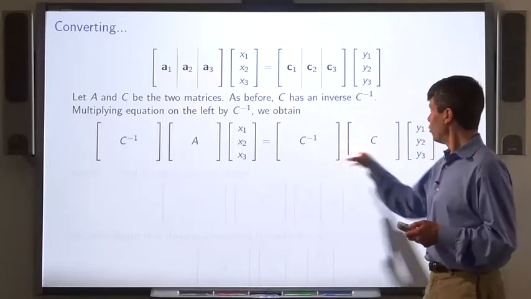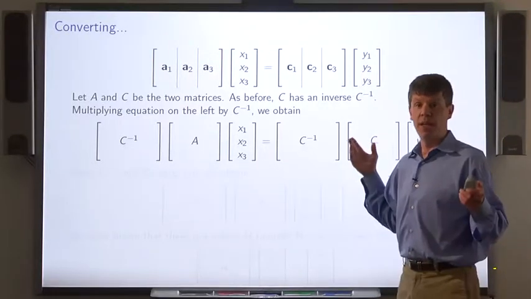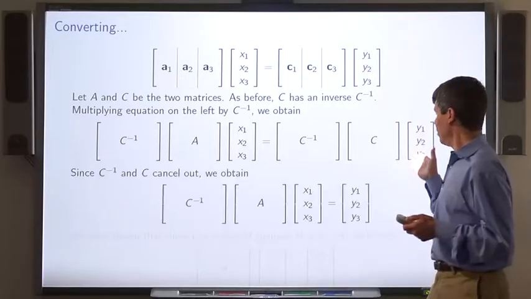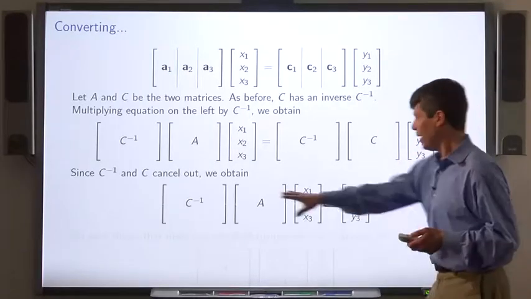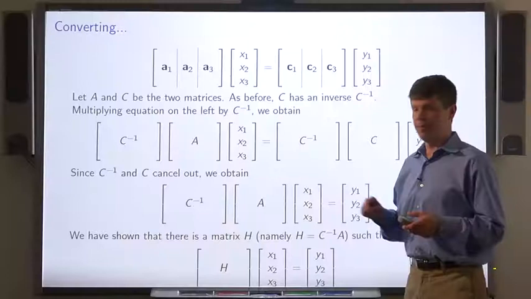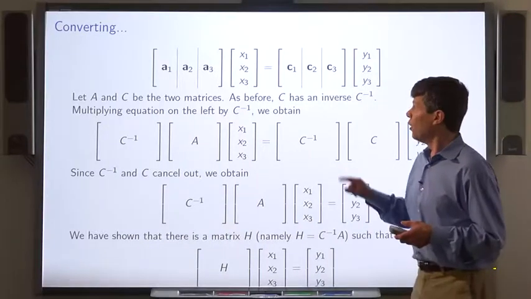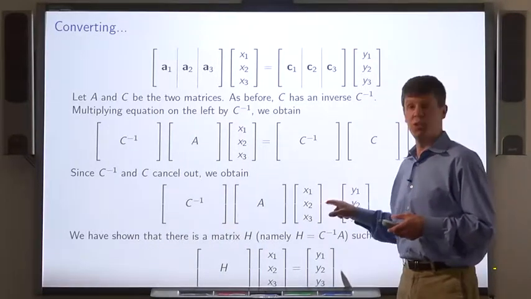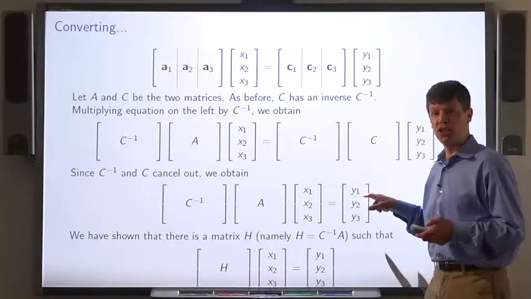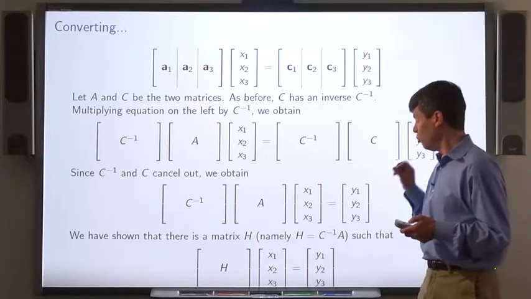Now, C inverse and C cancel out, giving the identity matrix, which multiplied by this vector doesn't change it. So we get this equation. So the product of the matrix C inverse and A is a matrix H, such that H times the coordinate representation with respect to A1, A2, A3 equals the coordinate representation with respect to C1, C2, and C3.